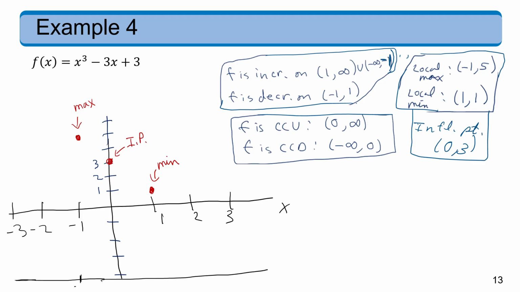Right here's -1. Here's +1. So notice in the box with our results, we said it's increasing to the right of 1 and to the left of -1. And then in between is where it's decreasing.